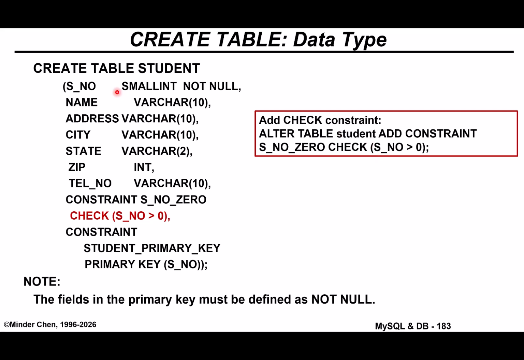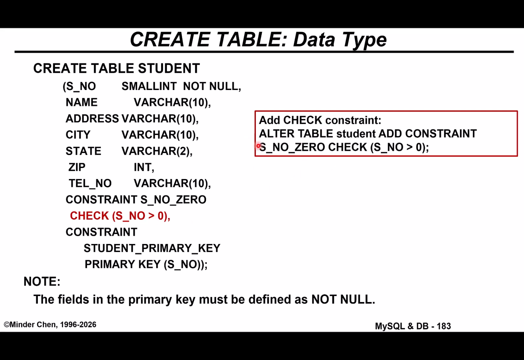You can specify the data type, varchar, small integers, and you can specify constraints. Somehow in Workbench, there's no easy way to enter the constraint itself, so you actually have to do it in SQL code. Say we earlier defined the student table without defining this check constraint, which means student number, which is a small integer, has to be greater than 0.